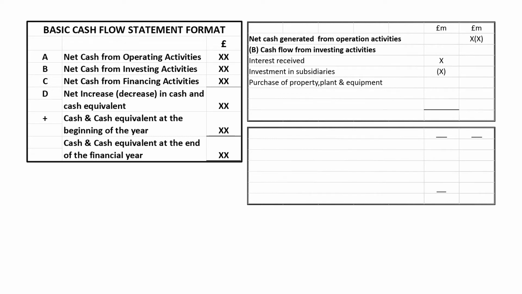Purchase of property, plant and equipment, this is a cash outflow. Purchase of intangible assets is a cash outflow, whereas the proceeds from the disposal of assets held for sale is a cash inflow. The net cash used in investing activities would be either an inflow or an outflow, and in this case it's an outflow.